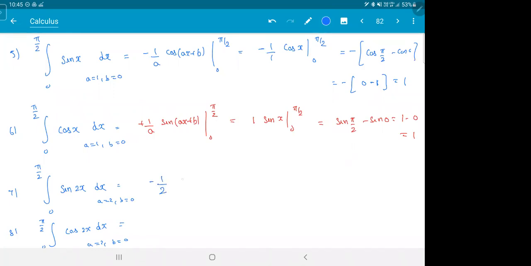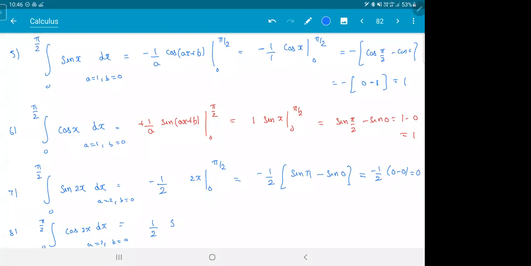Minus 1 by 2 sine 2x, limit 0 to 90. So minus half, put pi by 2, so it becomes sine pi, sine 0. Sine 180 is 0, 0. Wait, I made a mistake.